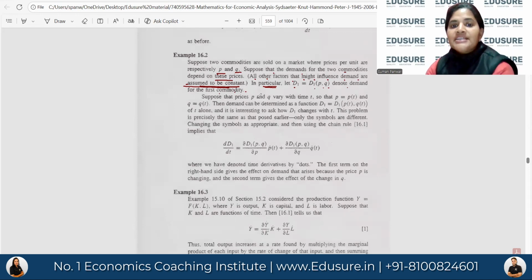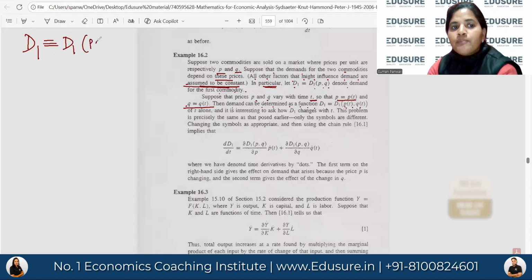Suppose now these prices P and Q vary with time. So P is a function of t and Q is a function of t. Then demand can be determined as a function D1(P(t), Q(t)), and a function of t alone. So remember that D1 is my demand function, which was a function of P and Q. But now P is a function of t and Q is also a function of t.